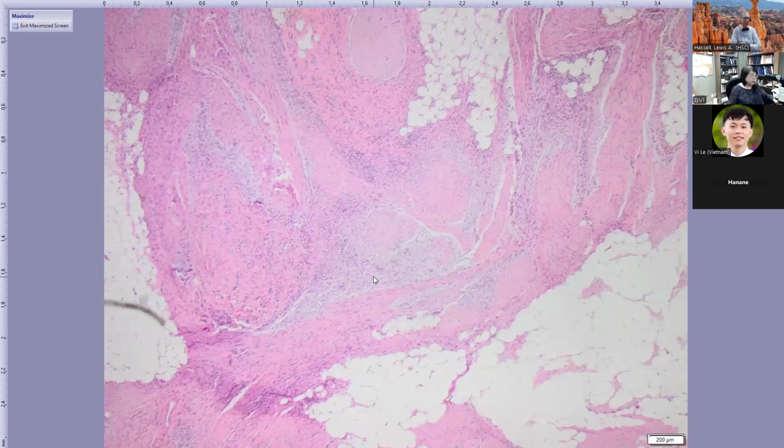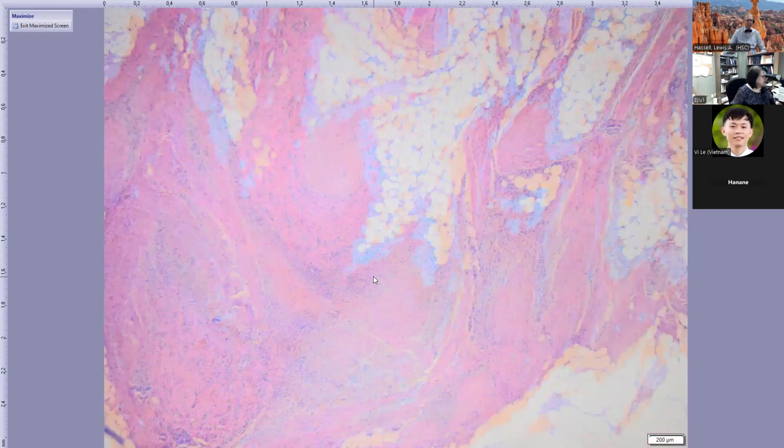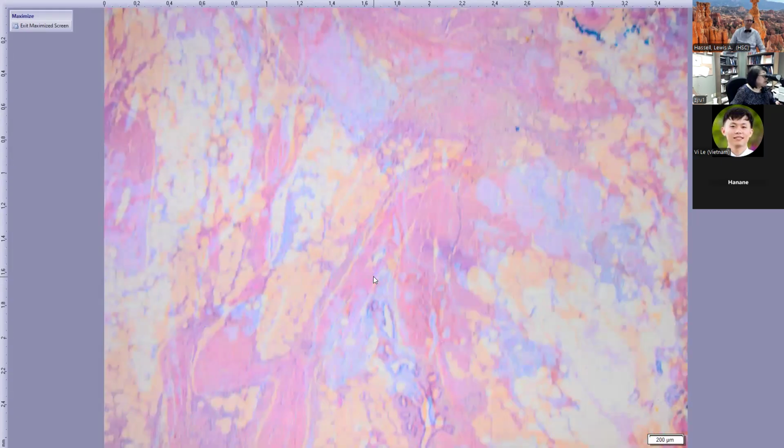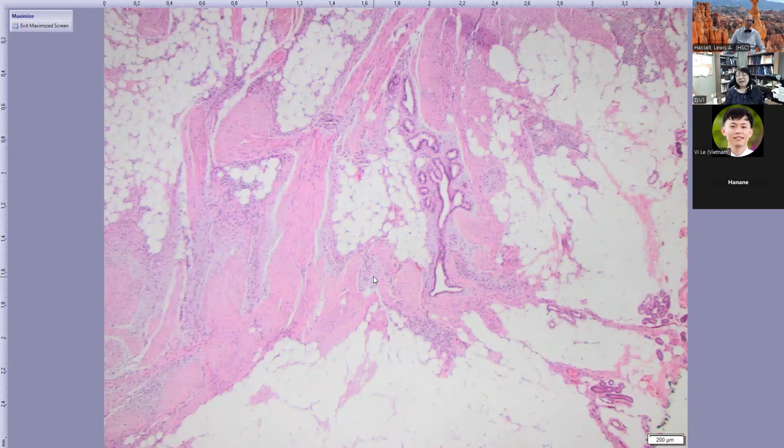So let's move around. You go everywhere, kind of similar. Here's entrapped, I think probably sweat gland, because it's in the soft tissue, in the subcutaneous tissue. So overall, all similar. So with this in mind, let's go high power and look at some areas.